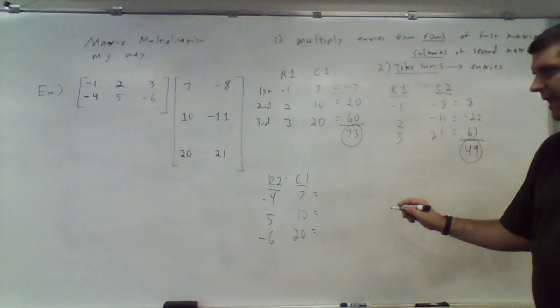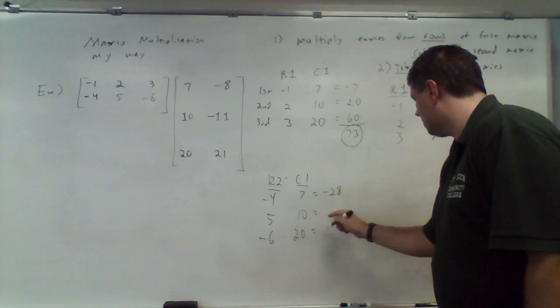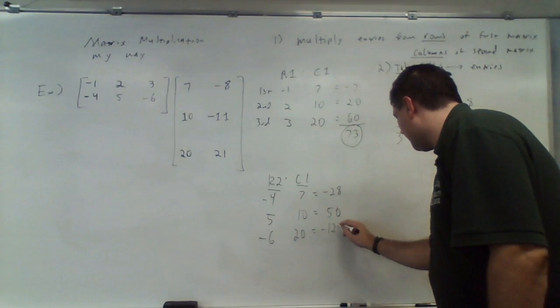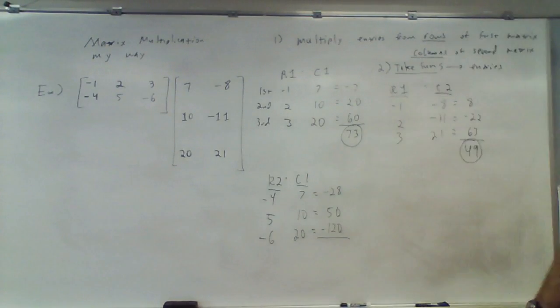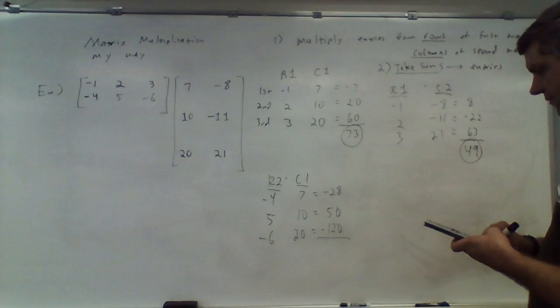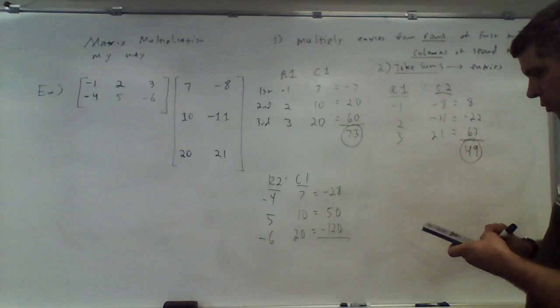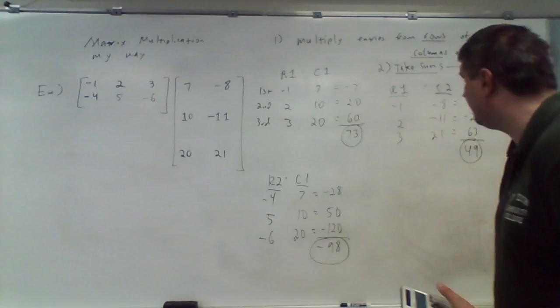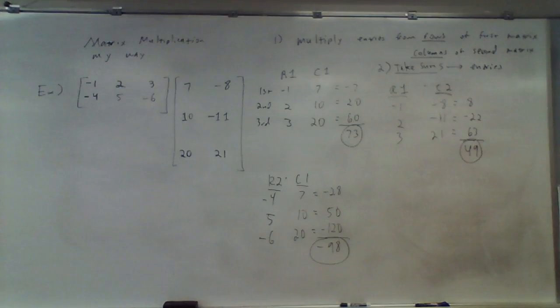So that will be negative 28, 50, and negative 120. And the sum, negative 28 plus 50 plus negative 120, is negative 98. And that will be an entry in the new matrix. Okay?